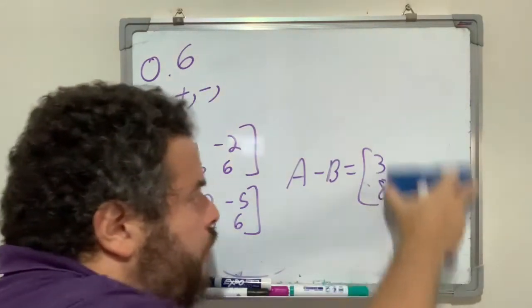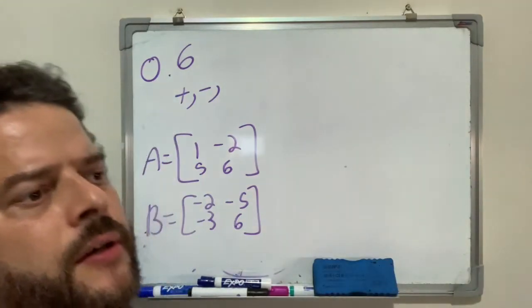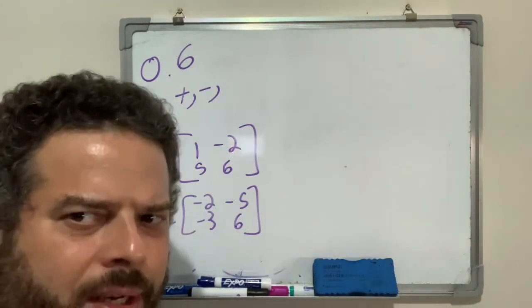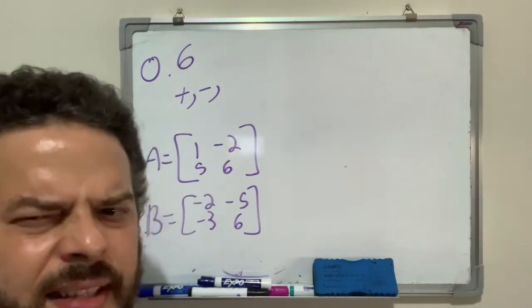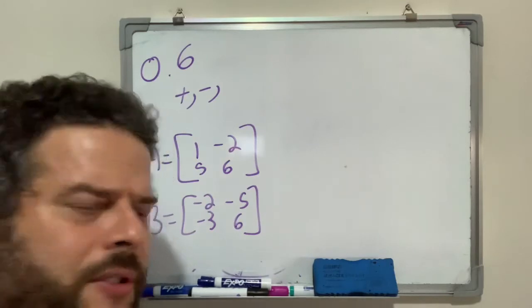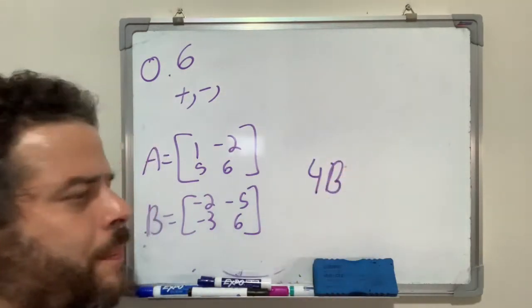Now let's go over scalar multiplication, which isn't normal multiplication. We're going to go into normal multiplication in chapter 6, and that is a somewhat more complex process, not that difficult anyways. But scalar multiplication, pretty much, it's when we do, for example, 4B.